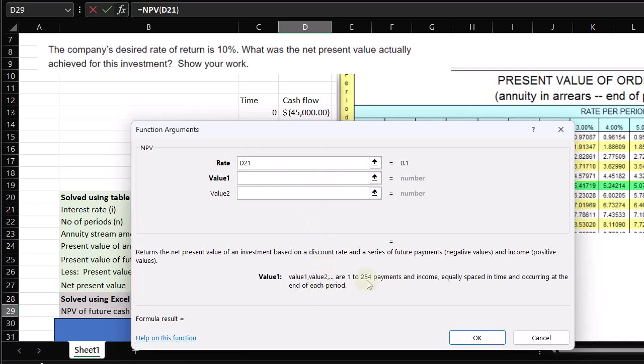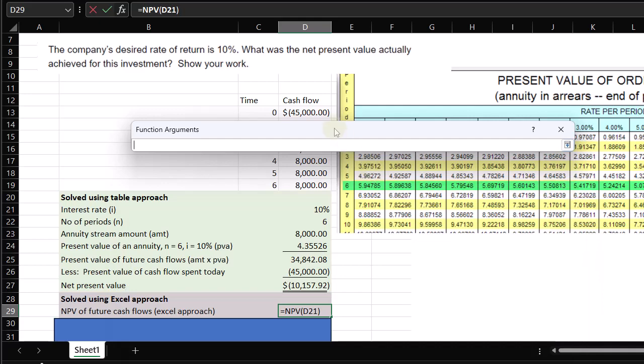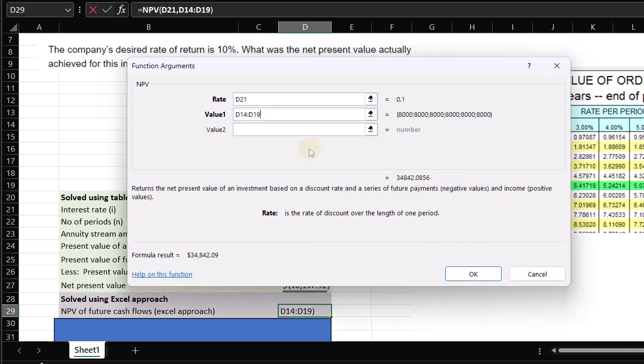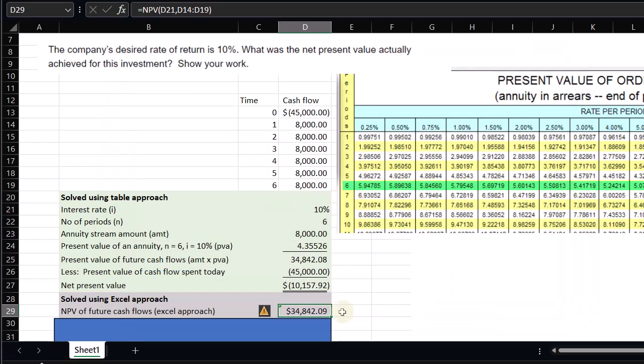Now, they want you to start in period 1, not period 0. Don't make that mistake. Start in the first future period. And we'll just highlight them all as the values. That's really all we need. We hit OK, and we get the present value of 34,842.